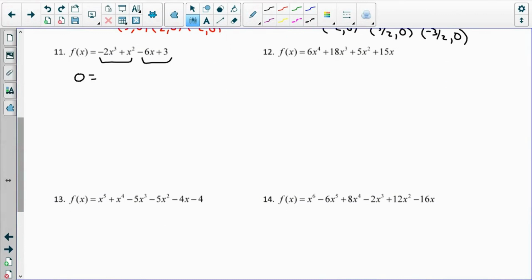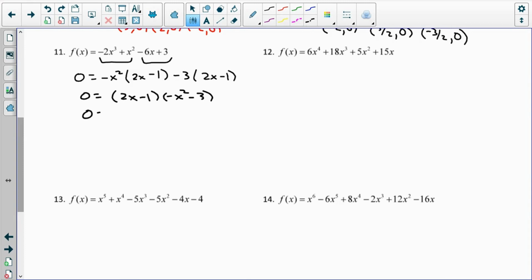So the greatest common factor of the first two terms is negative x squared, and I'm left with 2x minus 1. Then the greatest common factor of those terms is minus 3, and then I'm left with 2x minus 1. So I have 2x minus 1, and then I can have negative x squared minus 3.